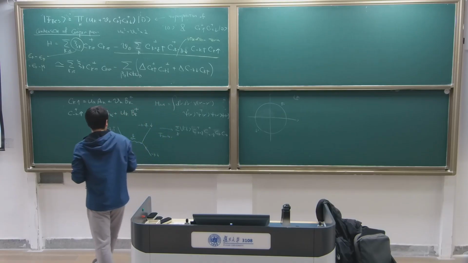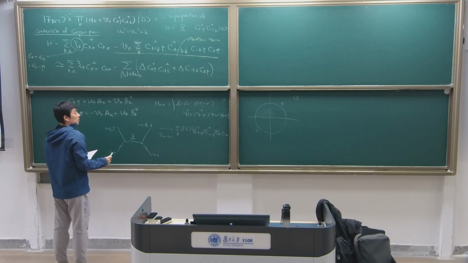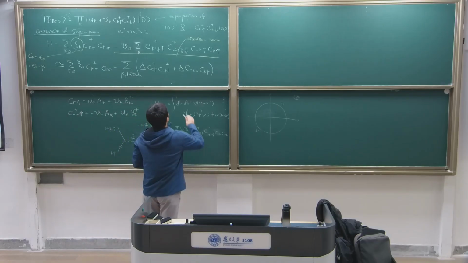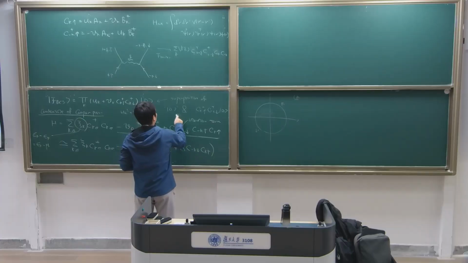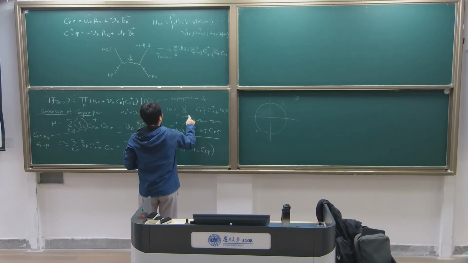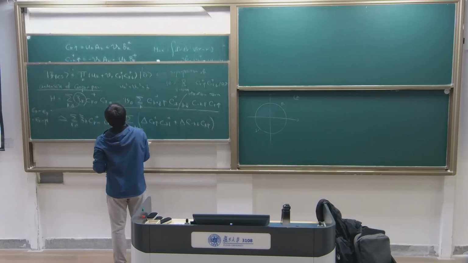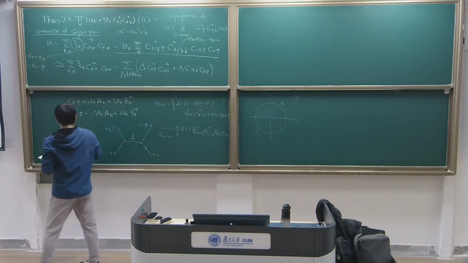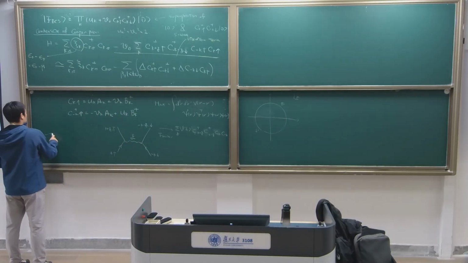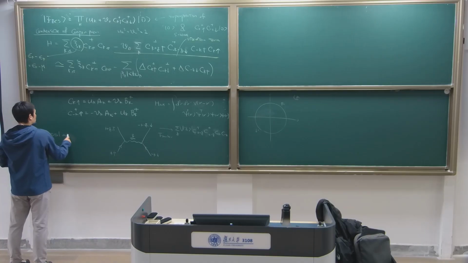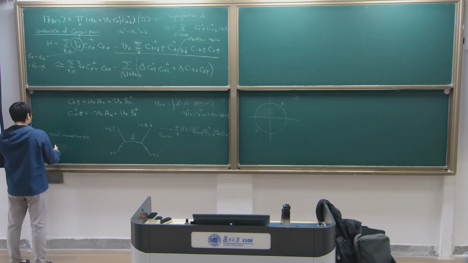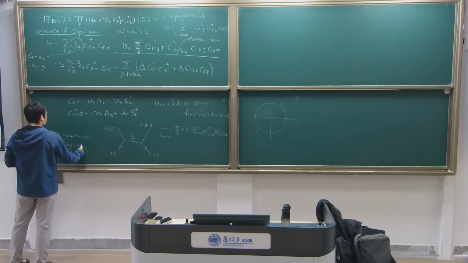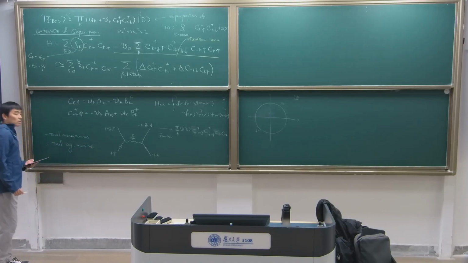Here, of course, we take everything to be s-wave. So here the interaction is s-wave, which means the total momentum is equal to 0 and also the total angular momentum is also 0.